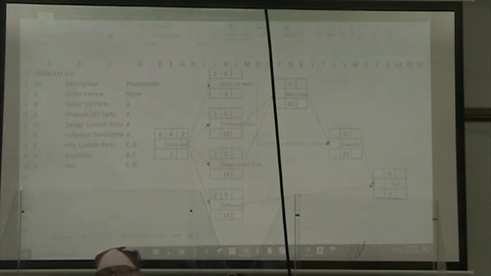All right, so on our forward pass, I go to activity B. My early finish time is equal to early start plus the duration. For activity C, it is equal to the early start time plus duration.